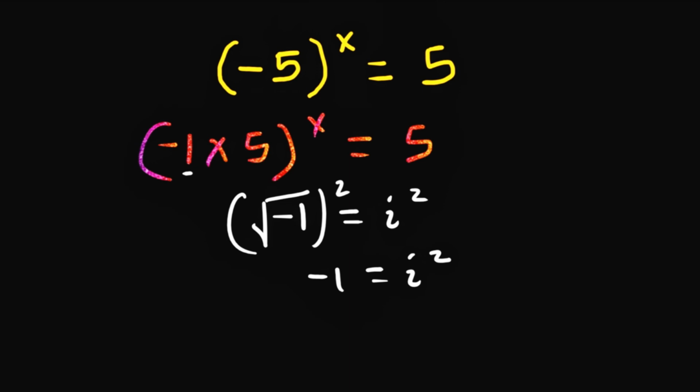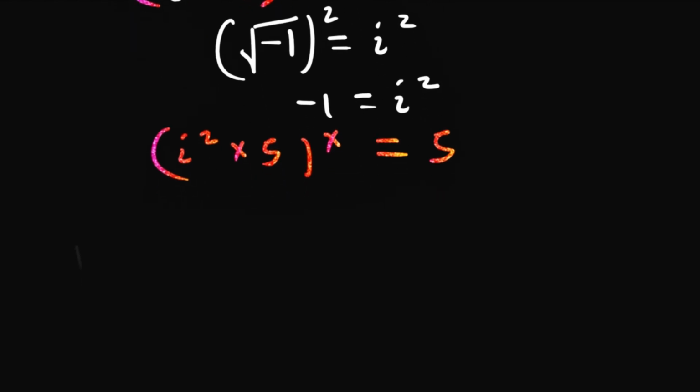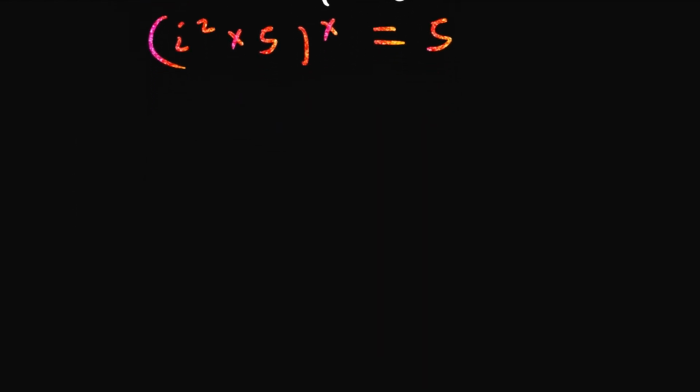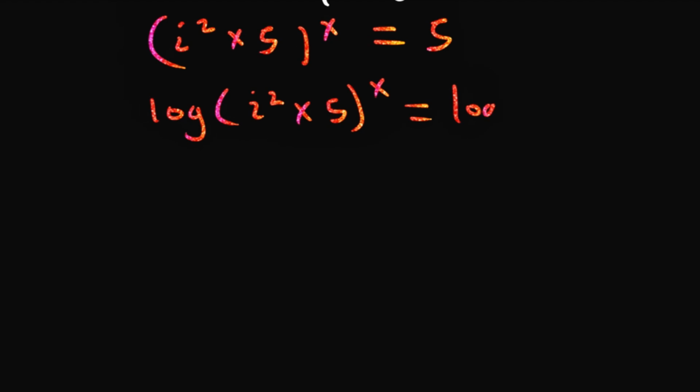So we're going to have i squared times 5 raised to power x is equal to 5. So now we can introduce a log. So we say log of i squared times 5 raised to power x is equal to log of 5.